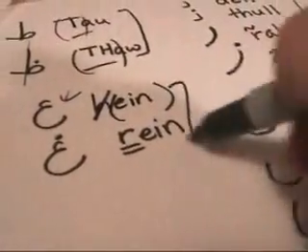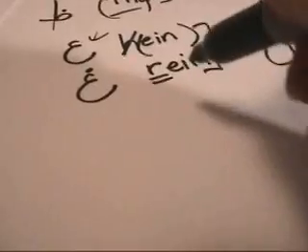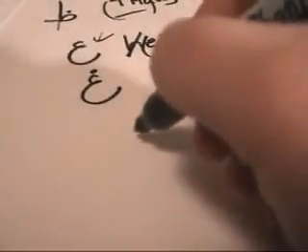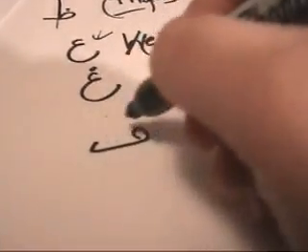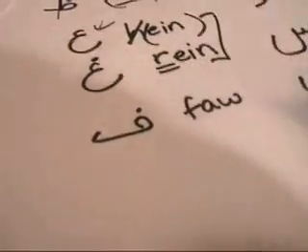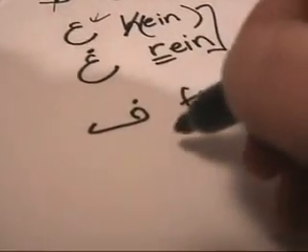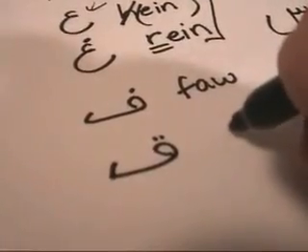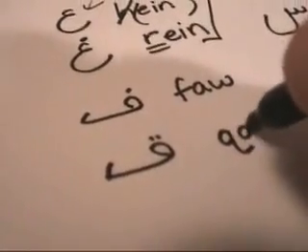Okay, and that's that grouping. Okay, next grouping. Where are we here? Okay, fa. And the next one that's similar to that is qaf. Fa and qaf are similar together.